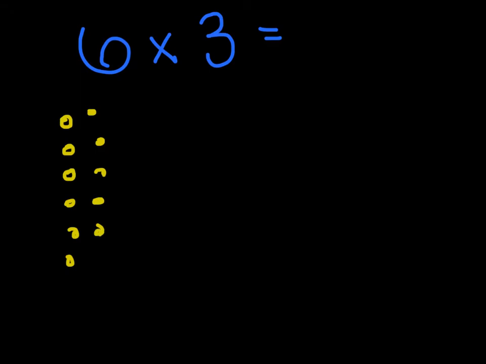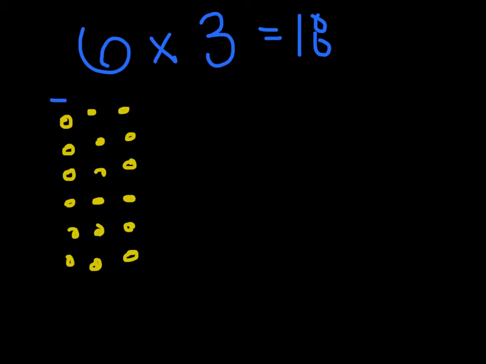And I apologize, my little stylus is a little bit sticky, so it's looking kind of funky. But if I count these, I'm going to have 3, 6, 9, 12, 15, 18. So did I get the same answer? I did.